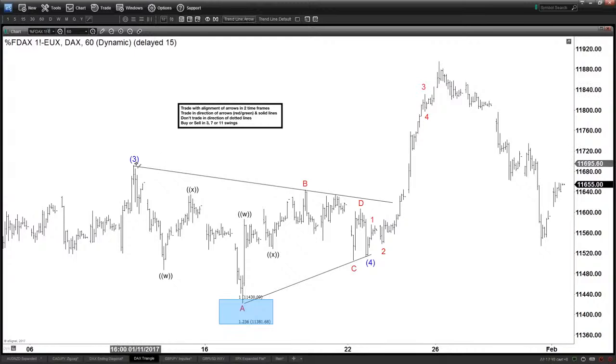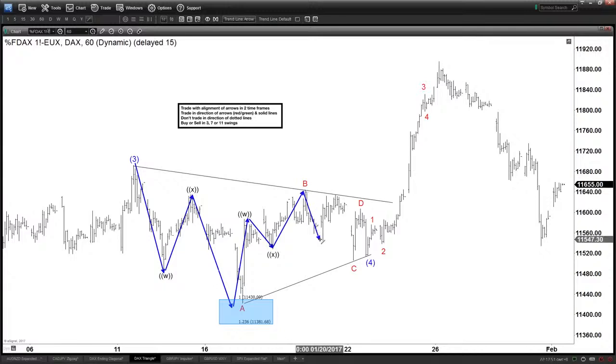Okay, so you notice here wave A is in 3 waves, wave B is in 3 waves, wave C is in 3 waves, and so on. Right? So A, B, C, D, E. And then we got the wave 5. So usually after a triangle, especially in the wave 4, we have a terminal thrust on the upside. So we got another impulse up to finish the wave 5 in the DAX.